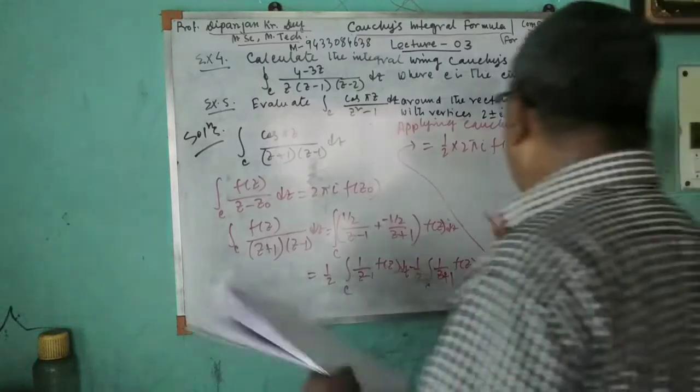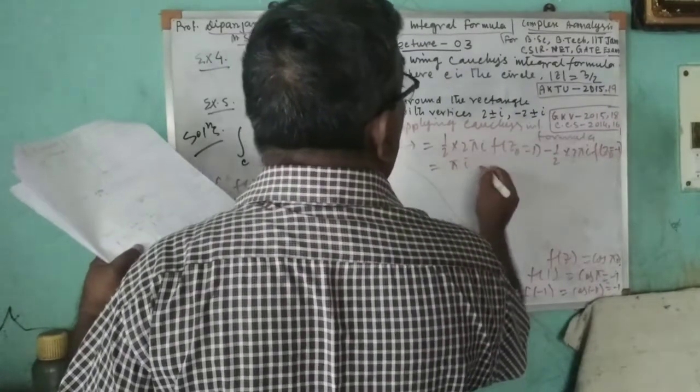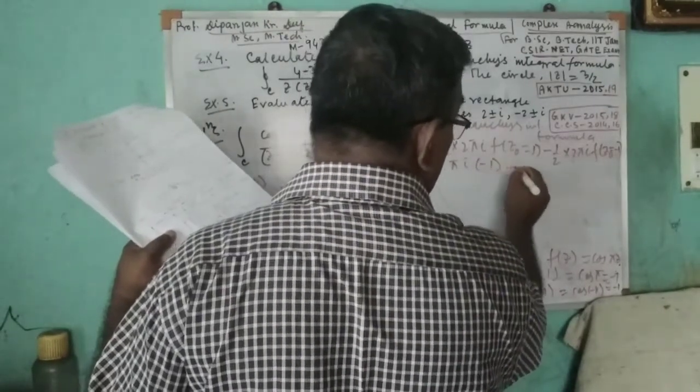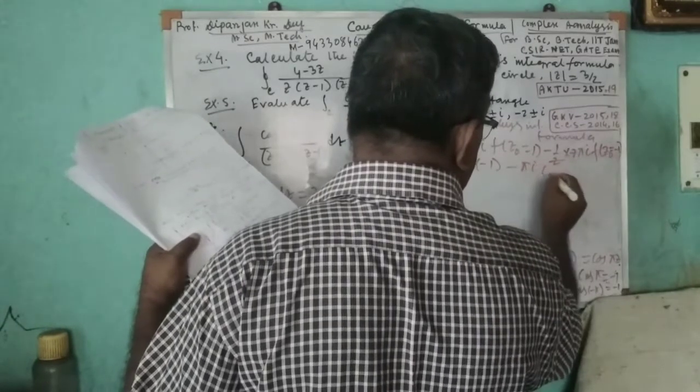So the 2 and the half cancel, that is pi i into minus 1, minus, pi i into minus 1.